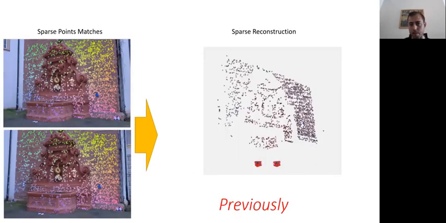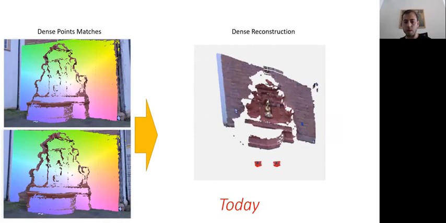And again, to put this in the context of the course, because I asked several people and they said that they lost the big picture. Before today, we talked about sparse point matches and sparse reconstruction for two views, and today we showed how for two views we can get a dense reconstruction.